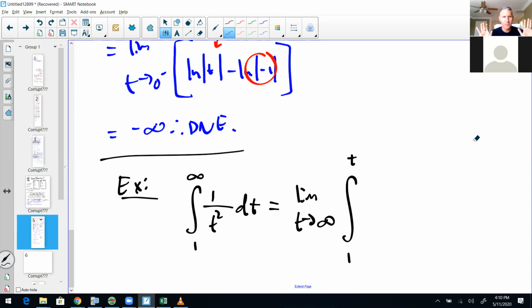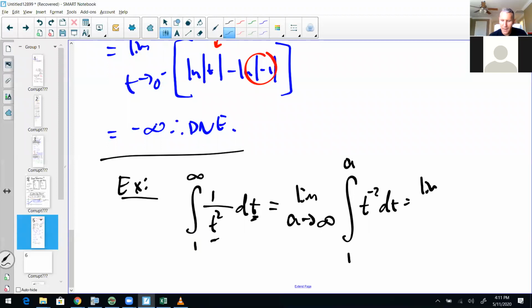Sorry, do you see what I'm doing here? I need to choose a different variable or letter because t is already used. I can't use t because t is what this variable is. So let's use a, okay? This is t to the negative second dt.